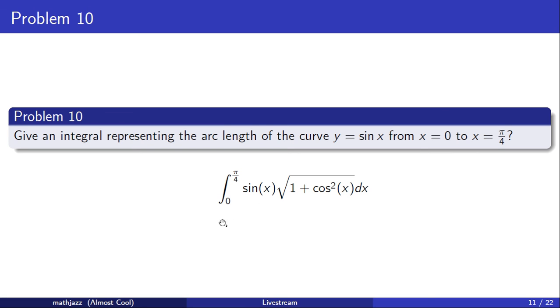Sorry, scratch the sine x. It's the integral from 0 to pi over 4 of the square root of 1 plus the square of the derivative of our function. So I can't cancel out the x there, but you'll have to do it on your own. Okay, so that's not too bad either.